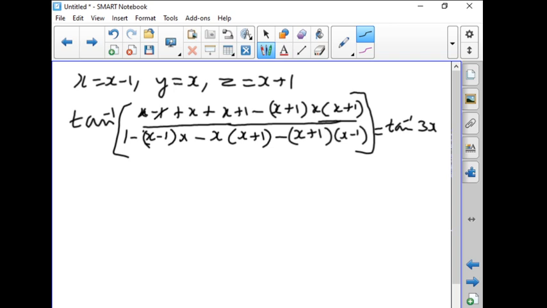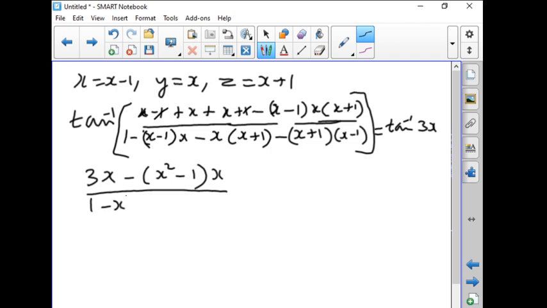The minus 1 and plus 1 get cancelled, so the numerator is 3x minus x into (x minus 1) into (x plus 1), which gives x square minus 1 square, times x. The denominator is 1 minus x square plus x minus x square minus x, then minus of (a square minus b square), so x square minus 1, and the 1 remains, equal to 3x.